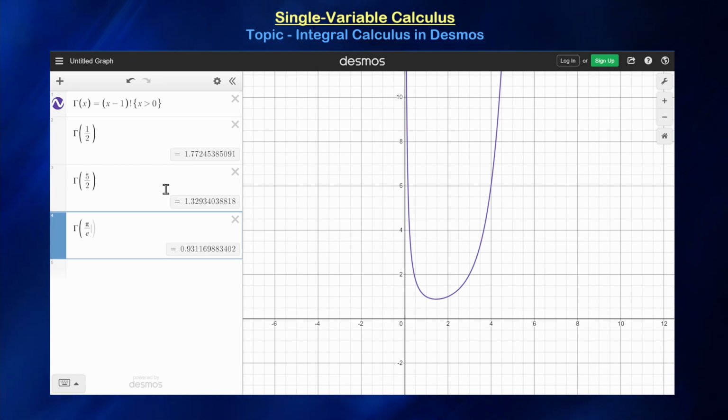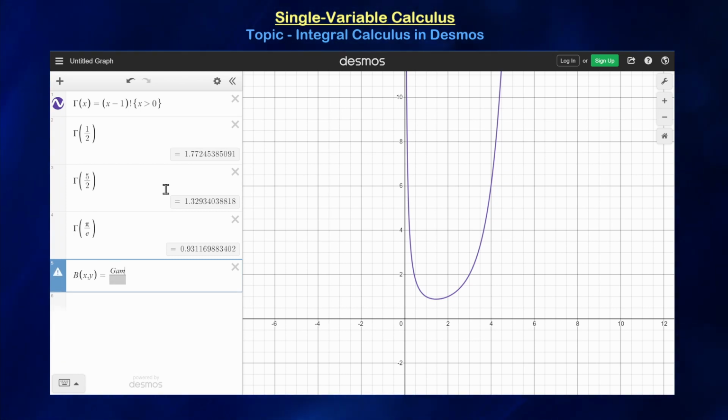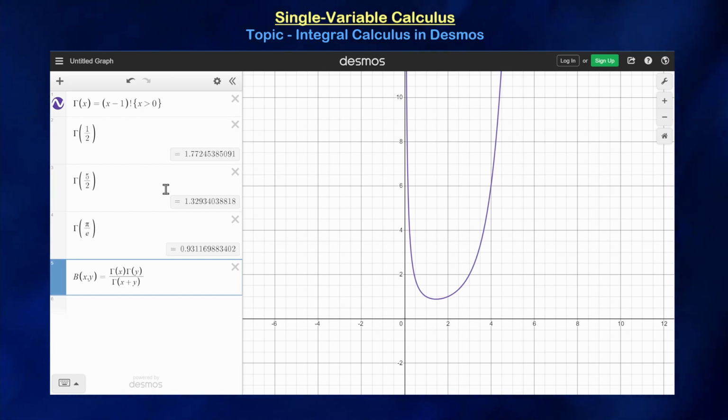0.9311. Now there are some other functions that are related to the gamma function, for example the beta function. So the beta function B of x, y is defined to be equal to gamma x times gamma y divided by gamma of x plus y. Now this is of course a multivariable integral function, which we're not really going to get into.